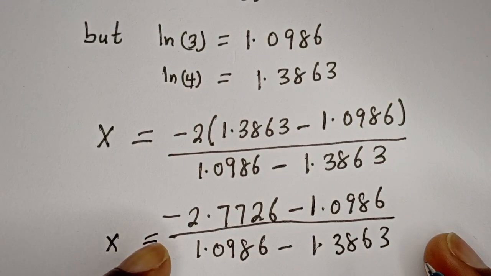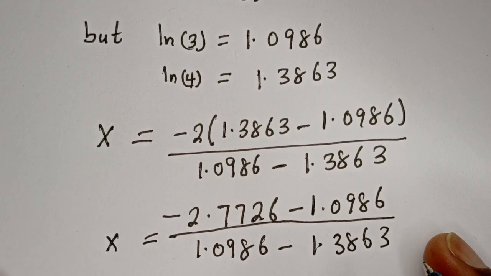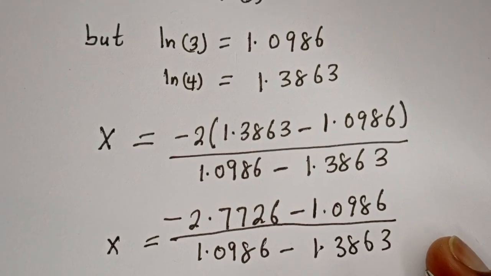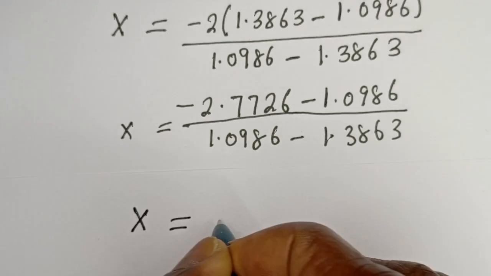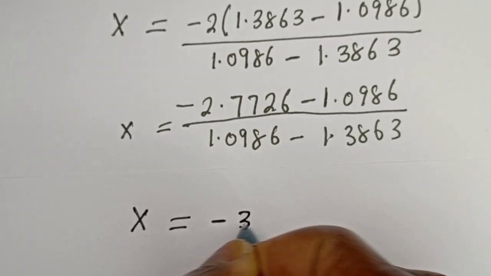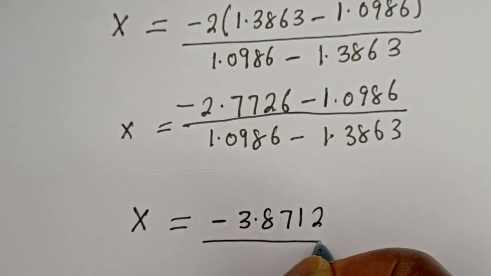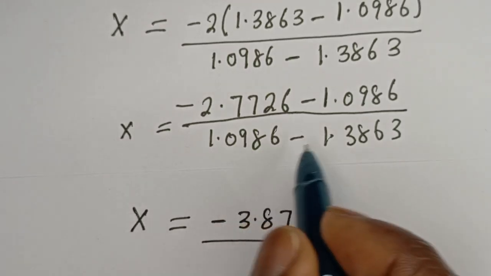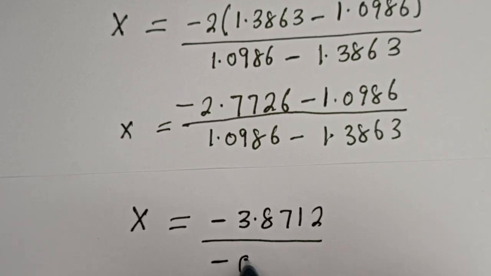Then if you subtract minus 2.7726 minus 1.0986, we have x is equal to minus 3.8712 divided by 1.0986 minus 1.3863. This is minus 0.2877.